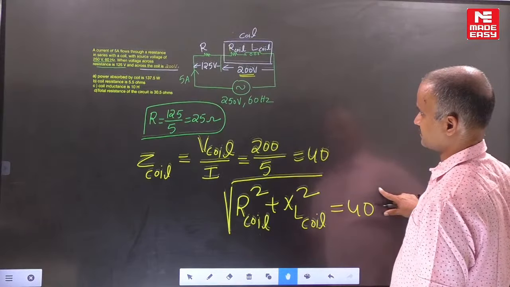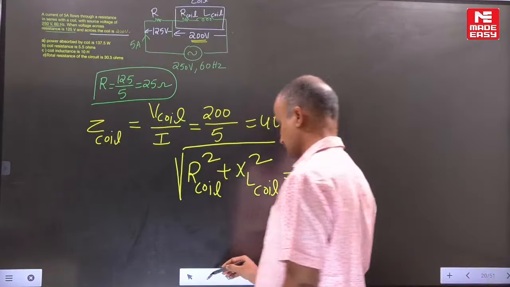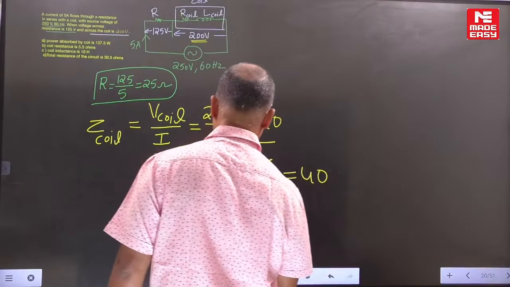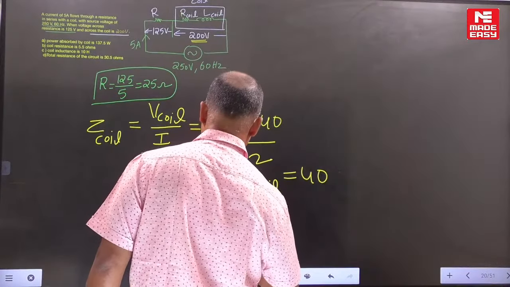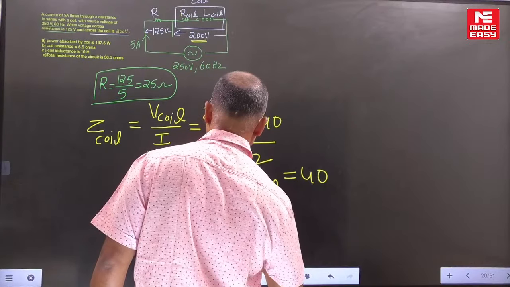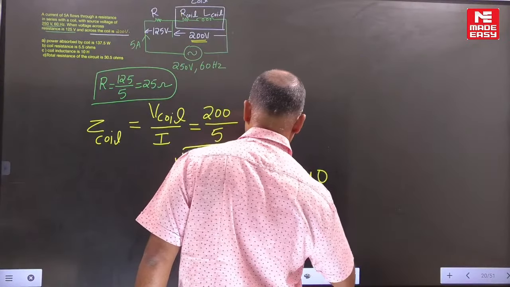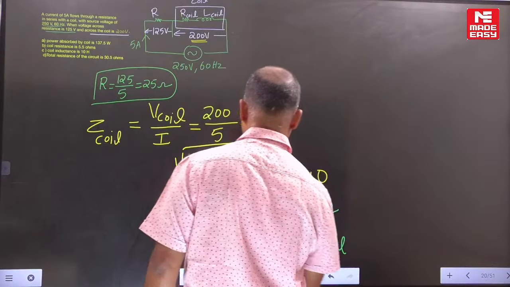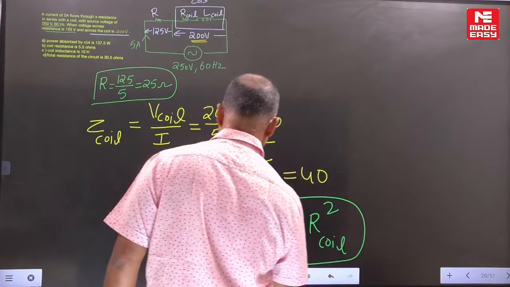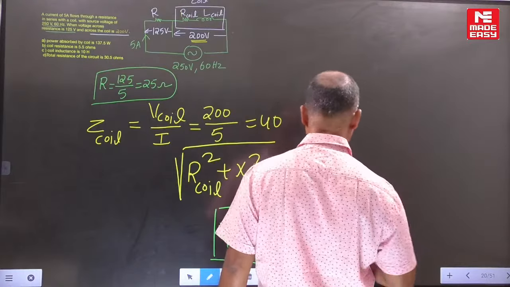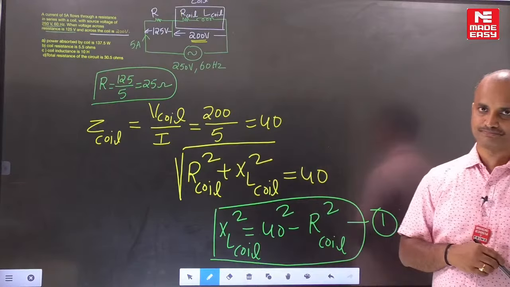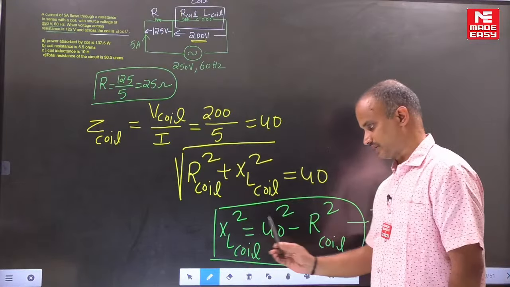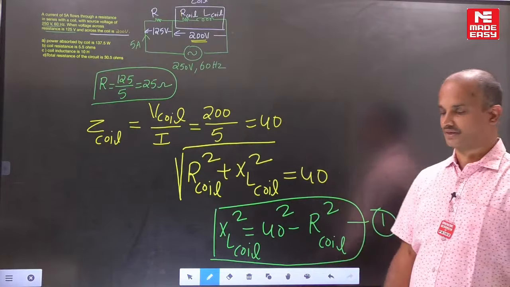Now if you rearrange this equation, we can also write this as XL. Let us name this as equation 1. Now we got the inductive reactance of the coil in terms of resistance.